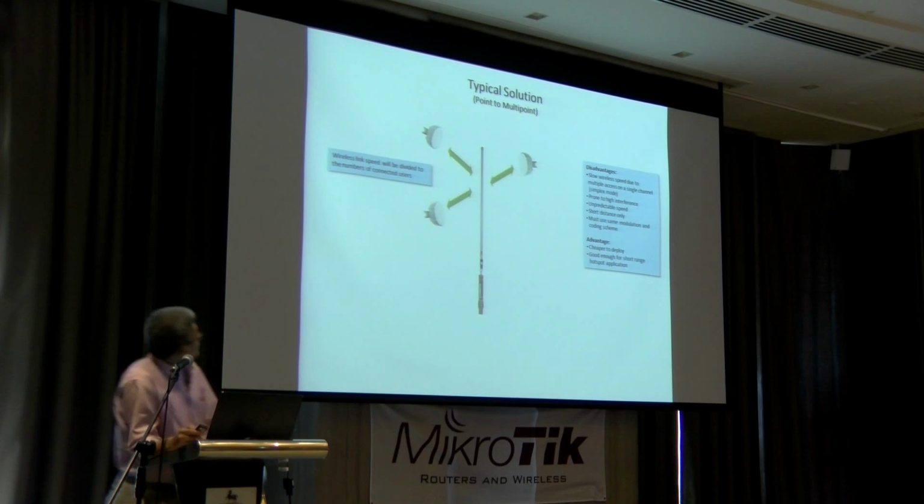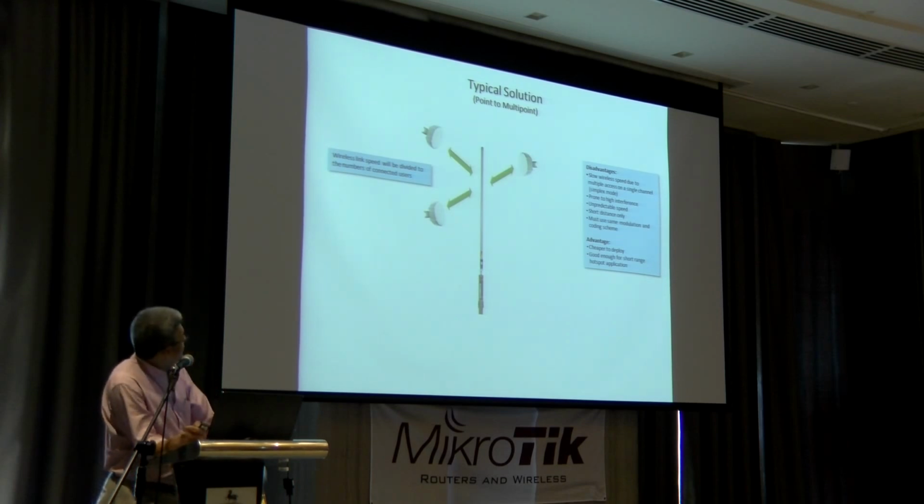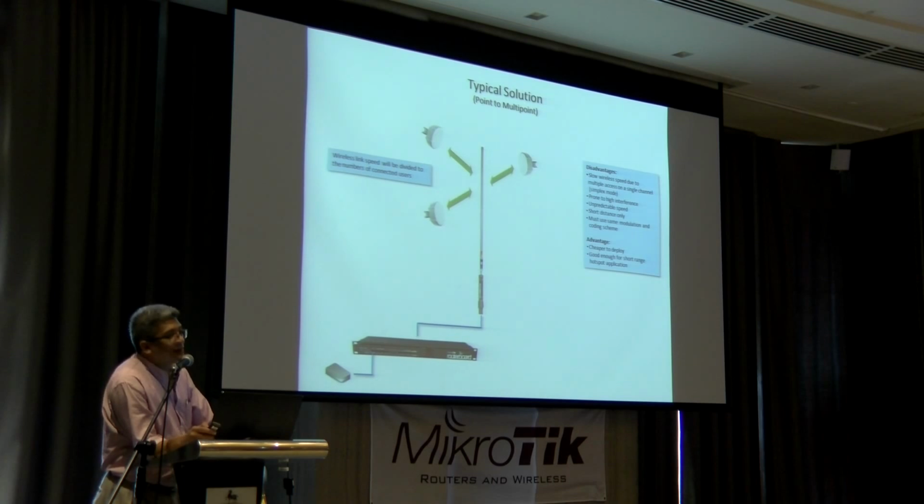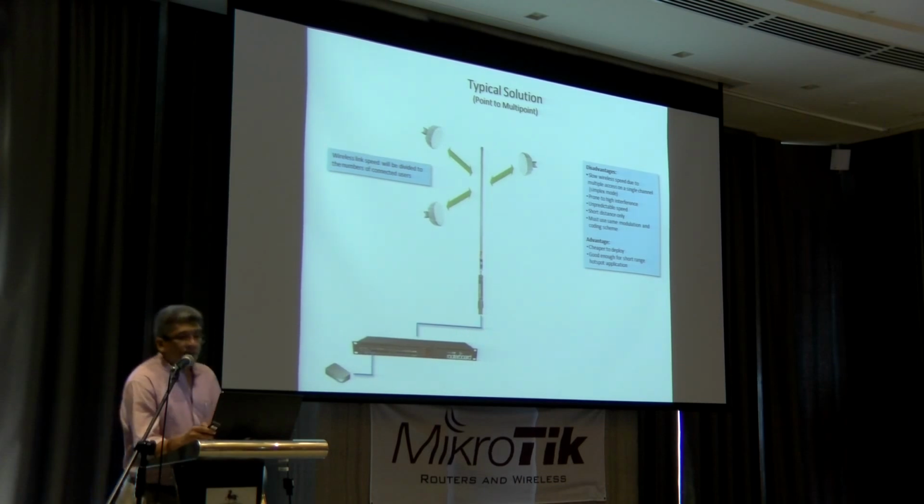So that is one of the typical solutions, and I have seen something like this connected to a router board and then a fiber link. Again, this is a very typical setup that most people would do. Connect every site to a single access point, and it creates a bottleneck in the wireless link.